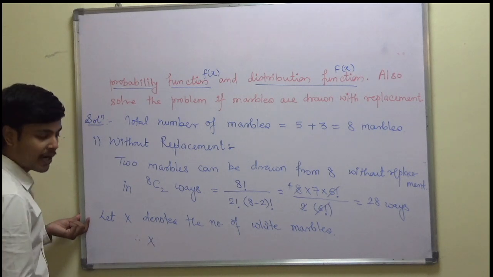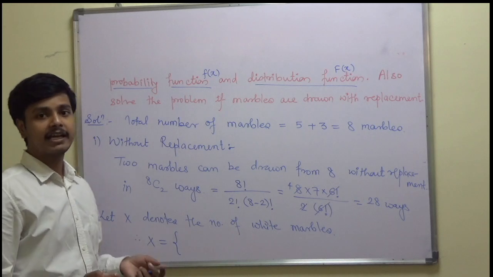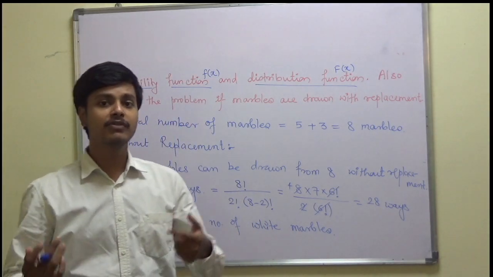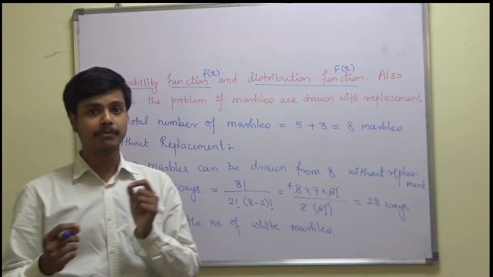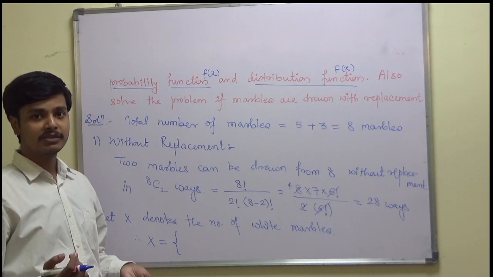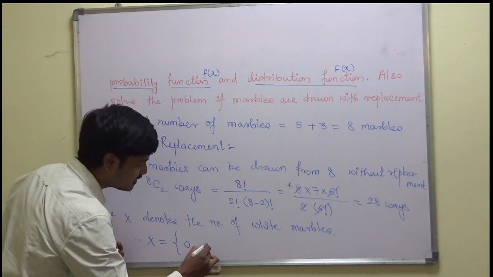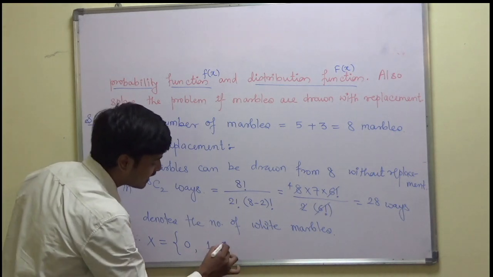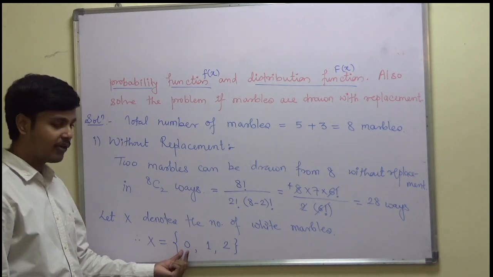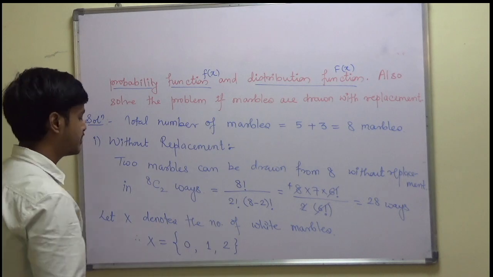If two marbles are drawn, both marbles can be white, or one white and one black, or both black. So we have the possibilities of 0 white marbles, 1 white marble and 2 white marbles. Now let us find the probability for 0, 1 and 2 white marbles.